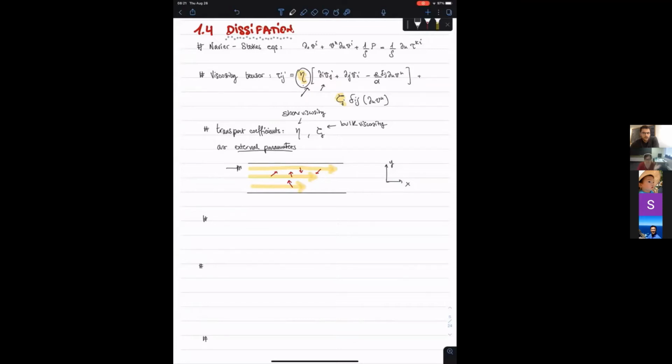For example, different values of the shear viscosity will tell you which fluid you have at hand. With respect to water, honey will drag all the elements better. So honey will have a higher shear viscosity than water, in which the fluid flow is much more independent from the other layers. Okay.